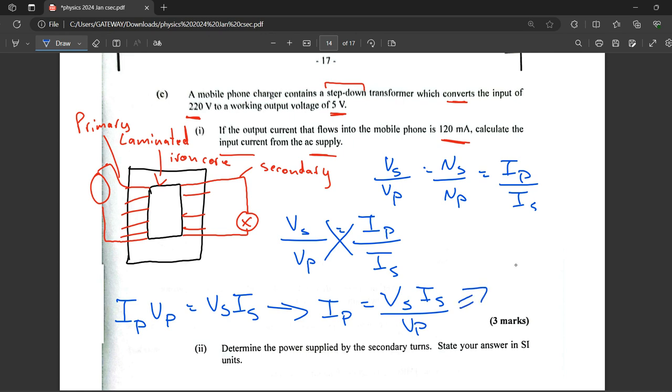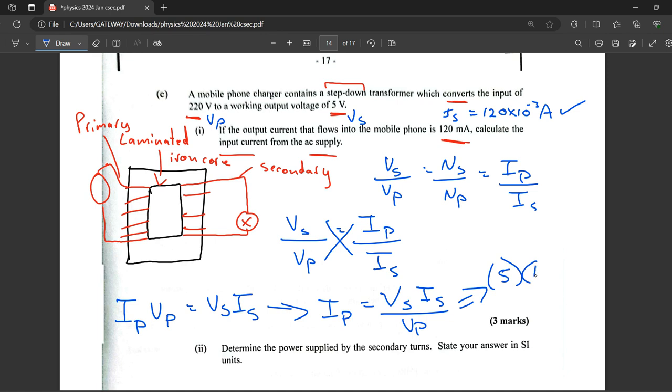So when you make your substitution here, you're going to have the 5 volts, right? Because that is the output. So this is Vs. You have your input, which is Vp. The output current that flows will be Is, but you have to convert this to amperes. So 120 multiplied by 10 to the minus 3 amperes. Right?